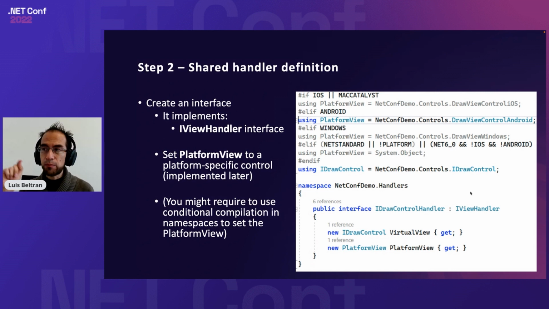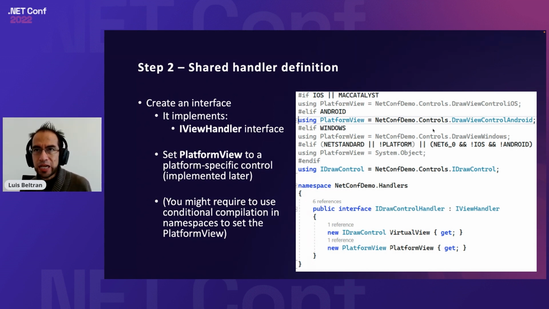To set that platform view, most probably we will need to use conditional compilation, but please, you can see that it is only at namespace level, because you can also use conditional compilation in your code, in your class.